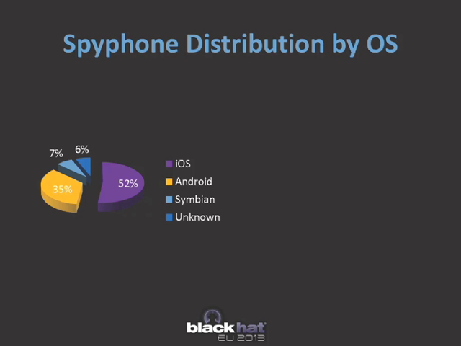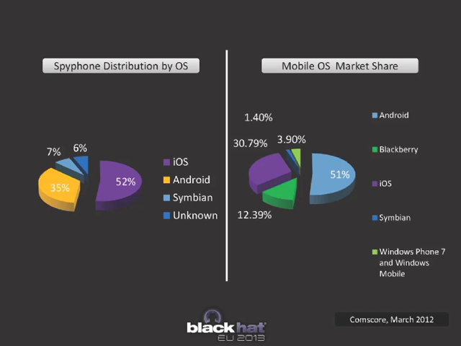Now, another interesting fact that we got from these sampling occasions is that the iOS platform featured very heavily in the spy phones installed. About 52% of the spy phones were on iOS phones, and this is relative to the iOS market share, where Android usually comes out a bit ahead with all its generic devices.